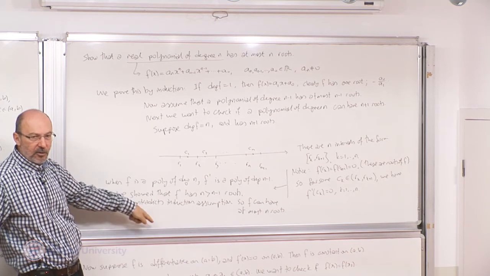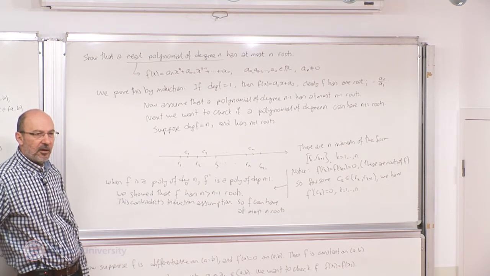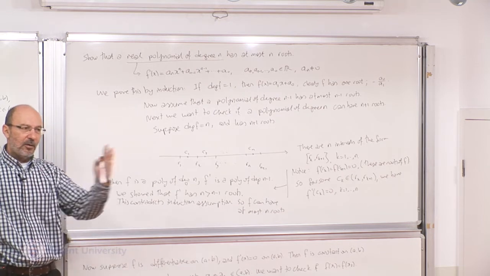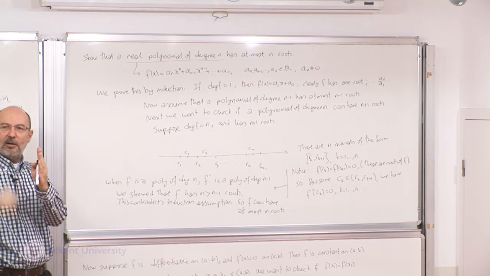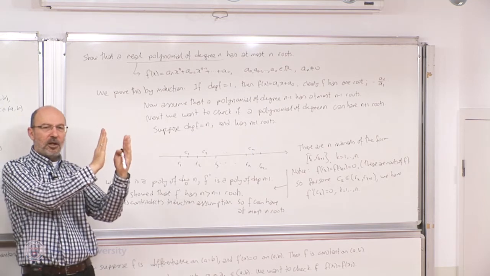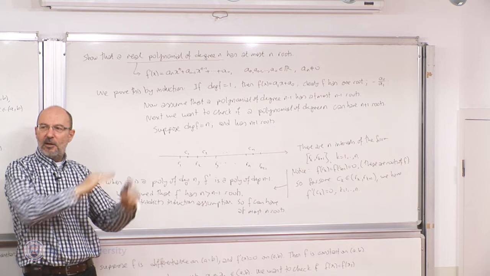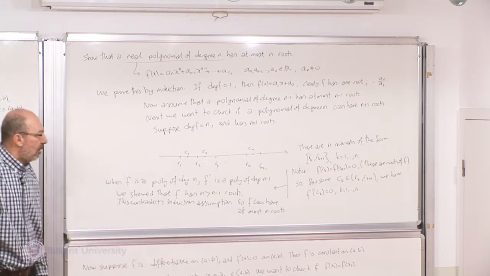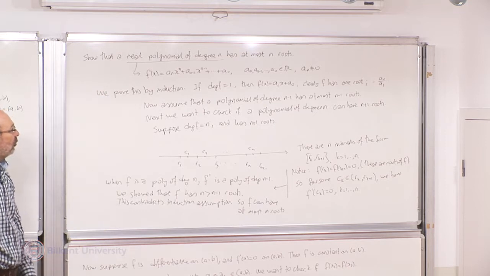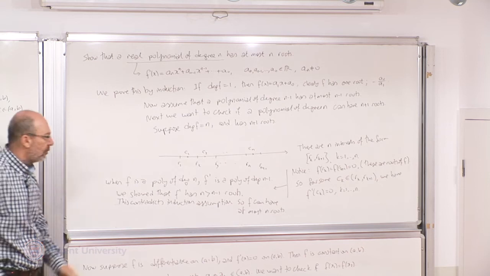It does. It's just like domino pieces. We made sure that the first one will be hit, and we also made sure that if this one falls down, it will topple the next one. So all of them go down. So the statement is true: a polynomial of degree n has at most n roots.